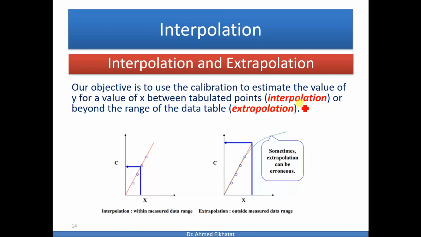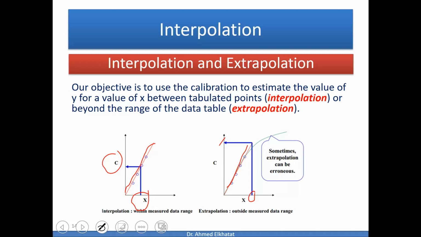So suppose that we have here a curve of data, so I can predict c at a given x. And if this value is beyond the curve, and I want to predict c at a given x that is beyond the range, it's called extrapolation. Extrapolation can be used only if you can make sure that the data beyond this curve is still linear.